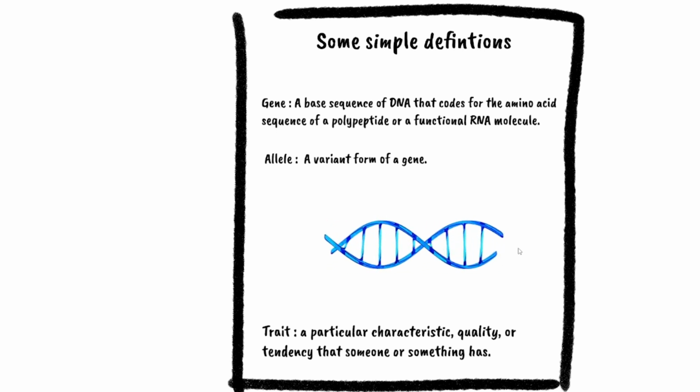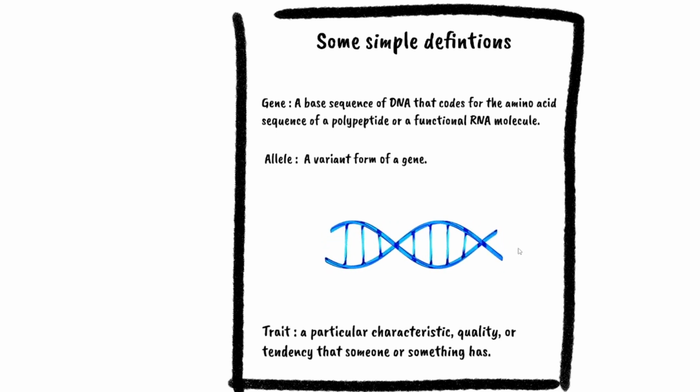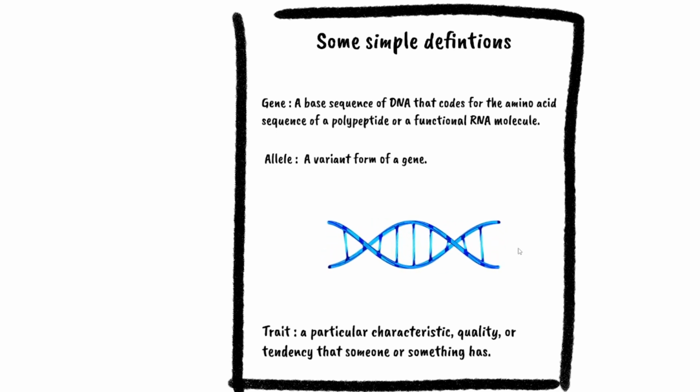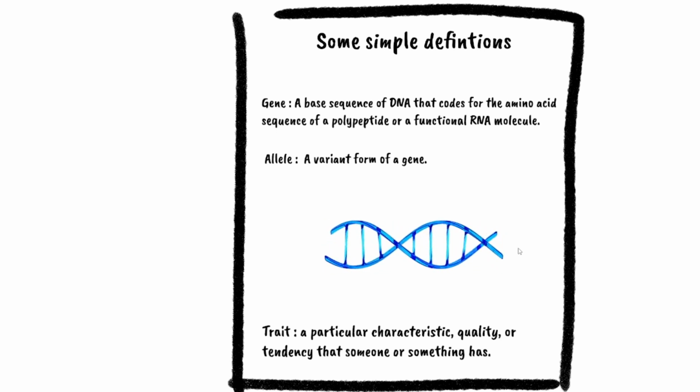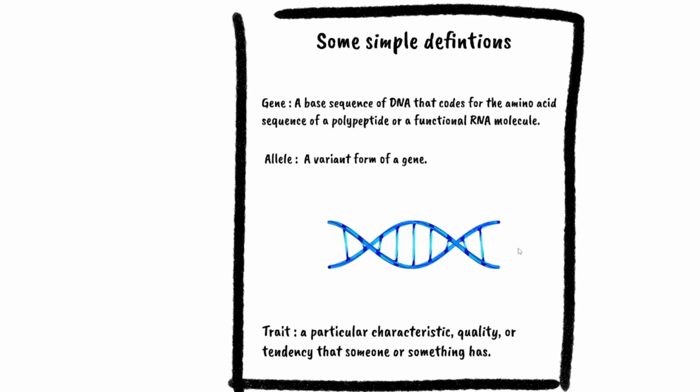What is a gene? The basic molecule is DNA. We learned about DNA, deoxyribonucleic acid, which contains the genetic information of our body. So, what is a gene? A gene is a length of DNA that codes for a specific amino acid.